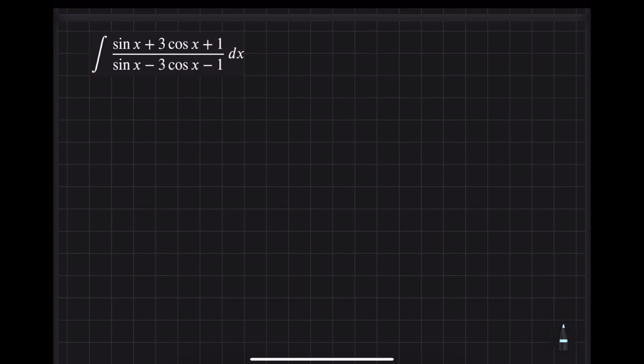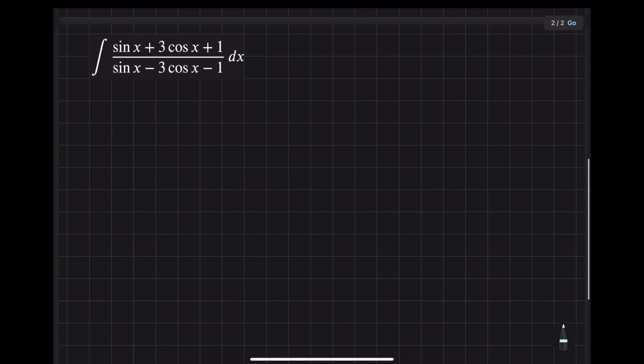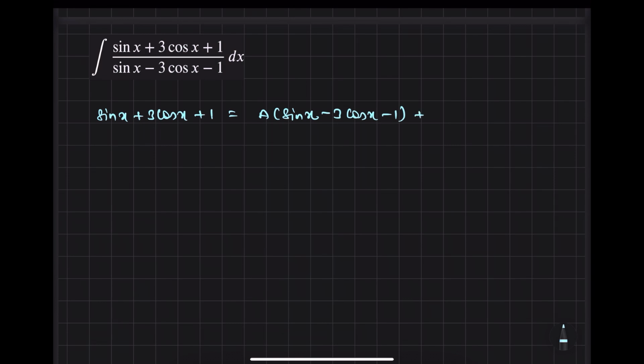I'll compare the numerator only: sin x plus 3 cos x plus 1 equals a times denominator, sin x minus 3 cos x minus 1, plus b times differentiation of denominator.